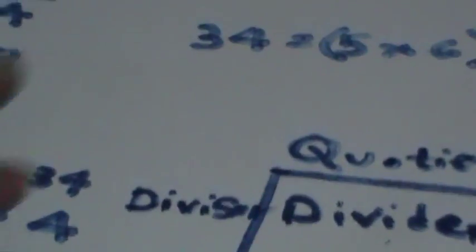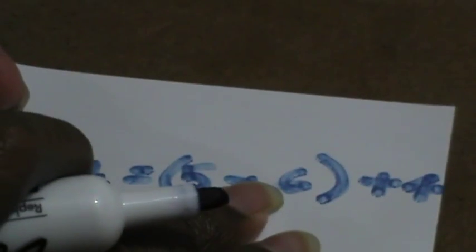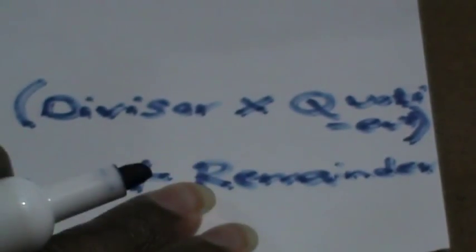In this case, 34 is the dividend, 5 is the divisor, 6 is the quotient, and 4 is the remainder. So dividend is equal to divisor times quotient plus the remainder.